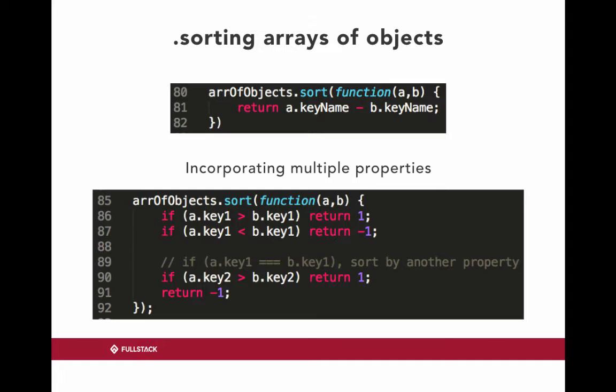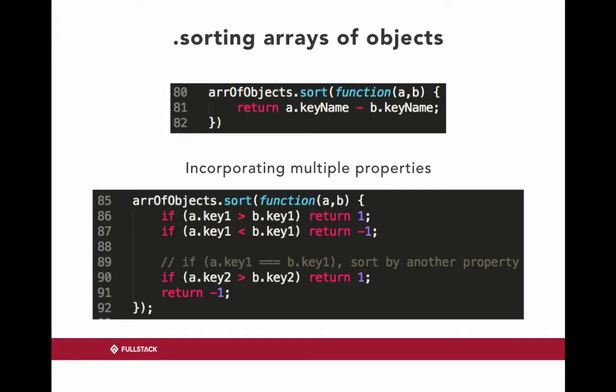If you want to have more unique logic, like order by color or whatever, then yeah, you would have to say if A.color equals yellow and B.color equals blue, return 1, something like that. You could build that yourself. And as far as what the character codes are, they are smart enough that they made it so capitals come before lowercase.